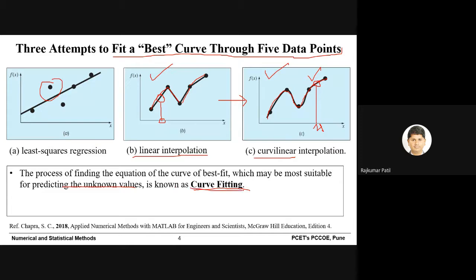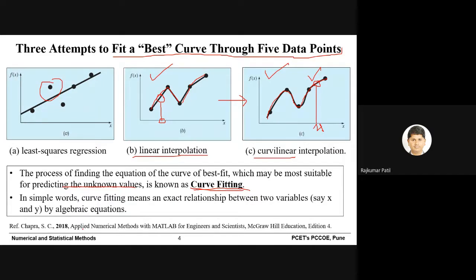That is called curve fitting. In simple words, curve fitting means finding an exact relationship between two variables, say x and y, by an algebraic equation. So just find out the relationship between x and y.